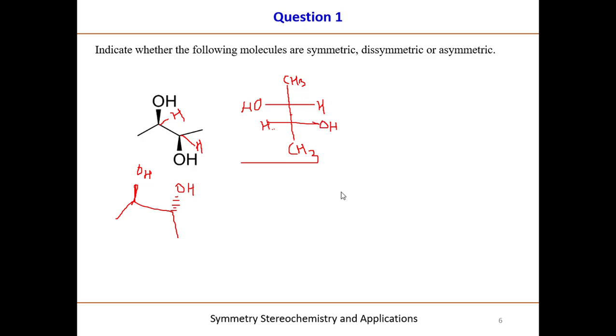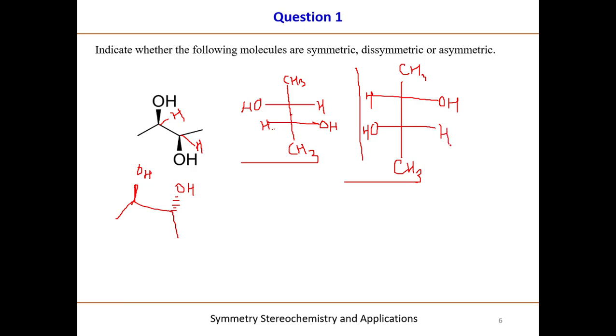I will write here. We have to draw the mirror image of this one. If I draw the mirror image, what will I get? H will be here, OH will be here, then OH and H, right?